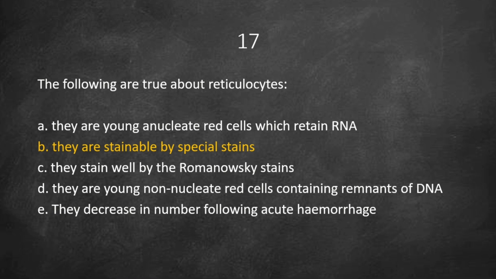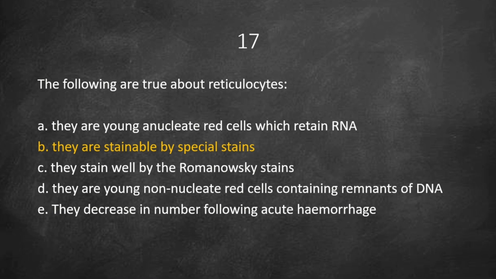Then if you take option C, it says they stain well by Romanowsky stain. Actually, you can stain reticulocytes with Romanowsky stain like Leishman or Giemsa. This is commonly done to visualize reticulocytes, although the special stains do a better job.